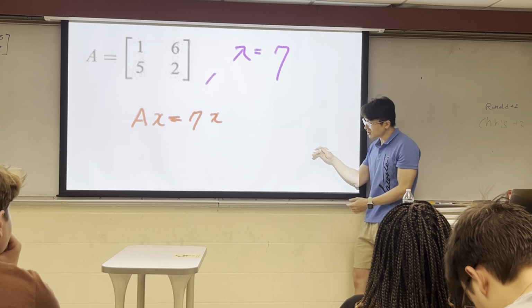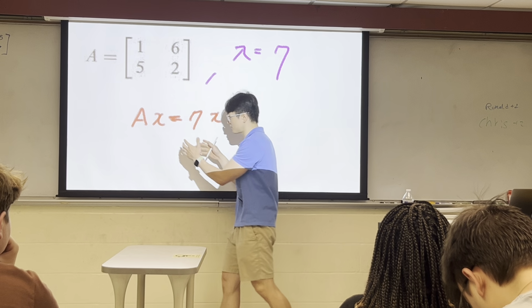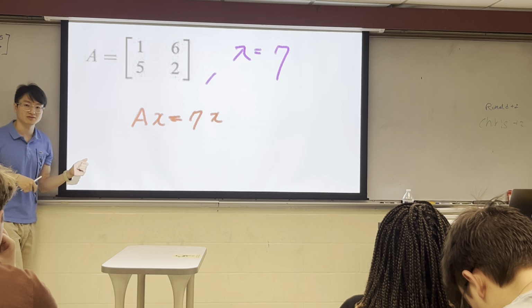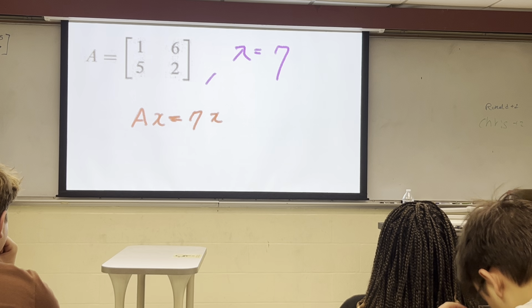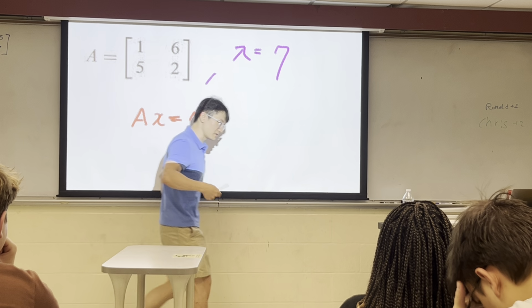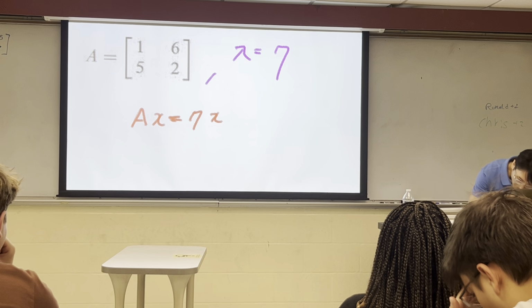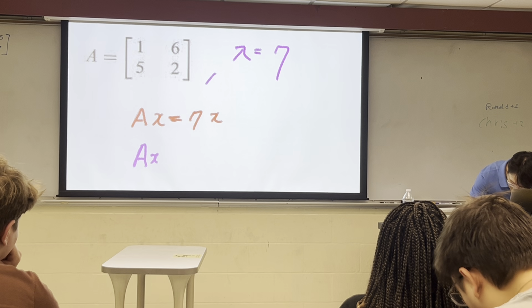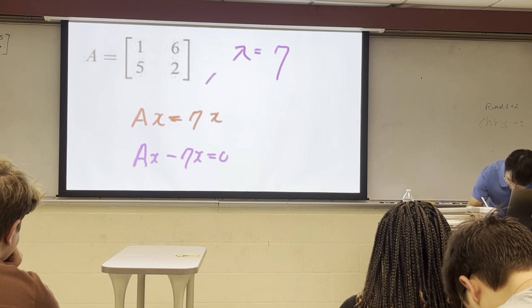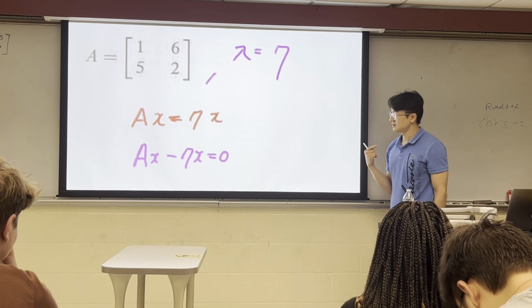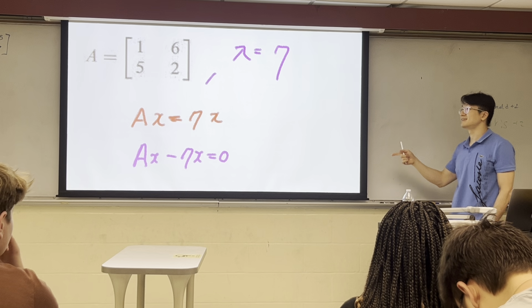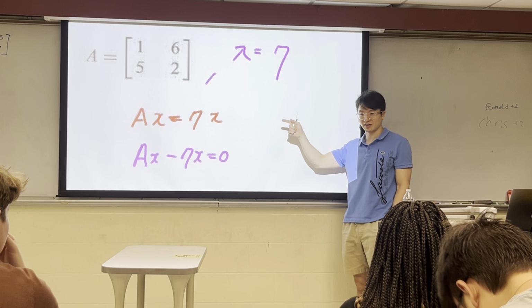So I'm trying to have that kind of format for this one too. You're just solving for 7 instead of 0? Yeah, good. So AX, what if I do this and factor X out? This is a really typical technique to find the eigenvalue or eigenvector.